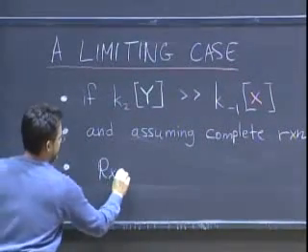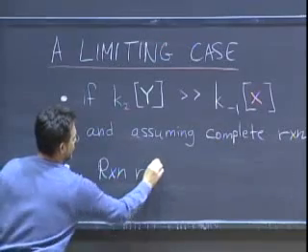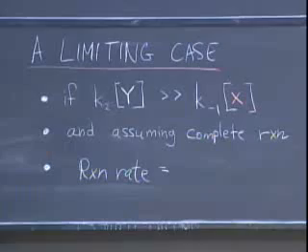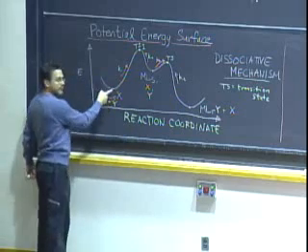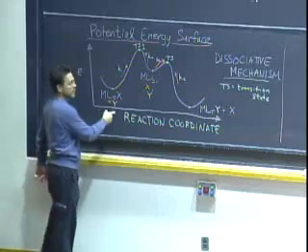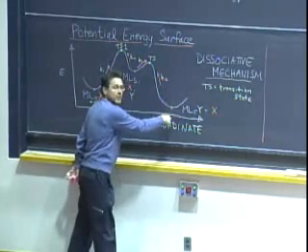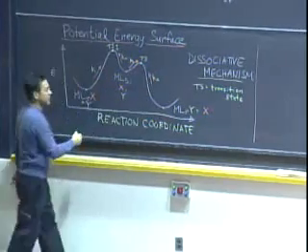Then the reaction rate, and when we talk about reaction rate, we usually define it in terms of the disappearance of the starting materials, or alternatively, the rate of appearance of the products in a system like this.